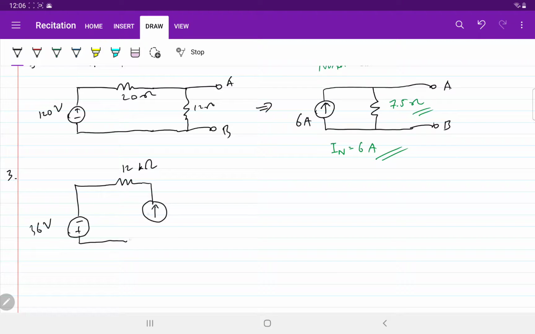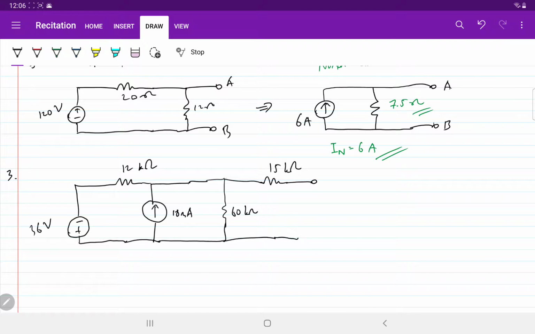We usually use kilo ohm resistors. 18 milliamps, 60 kilo ohms, 15 kilo ohms, and okay, that's it.